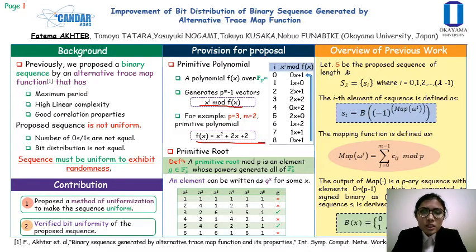Primitive root. A primitive root is an element whose powers generate all non-zero elements of a prime field.